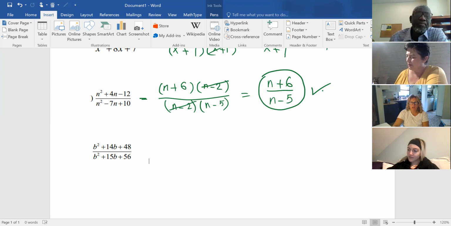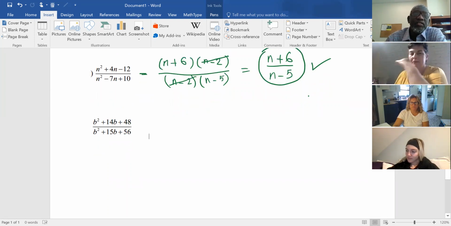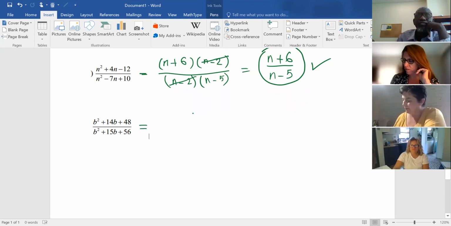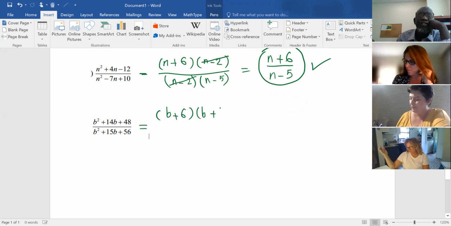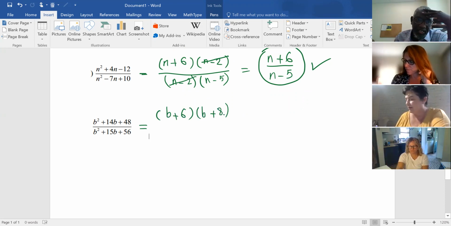Okay. Can somebody else tell me what they did for the next one? You can factor the numerator to b plus 6 and b plus 8. Thank you very much. Same logic: two numbers that add up to 14 and multiply to 48. 6 and 8 come to my mind.